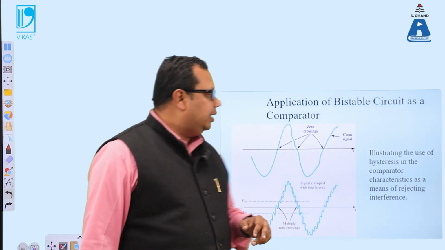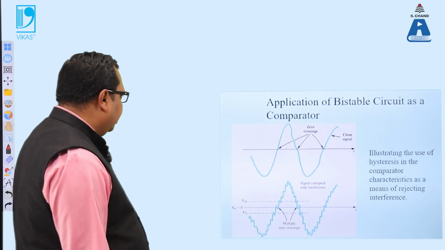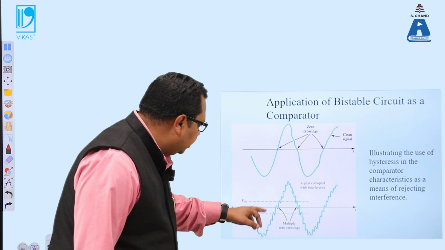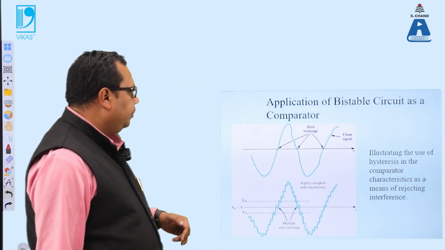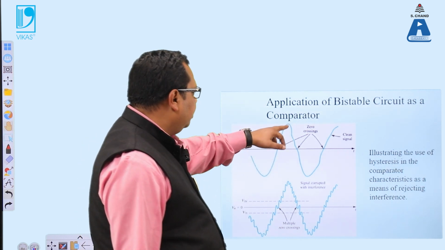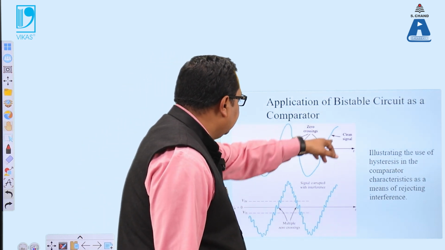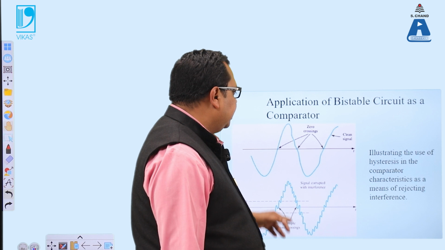We can see here the curve portion and this one. Basically, the signal needs to overlap during the zero crossing; this is the clean signal and this is the interference happening.